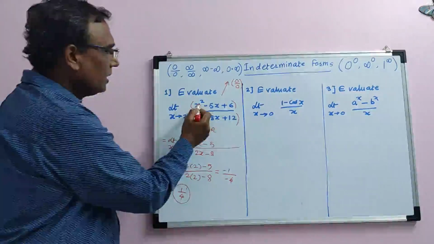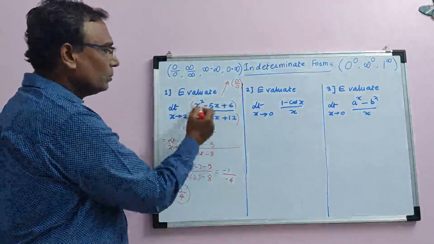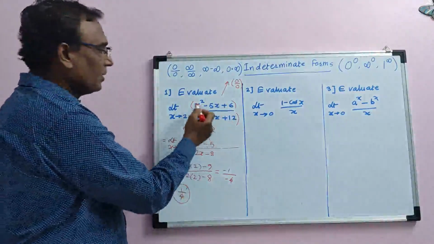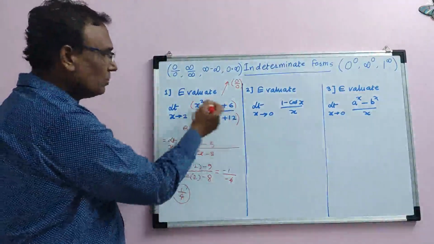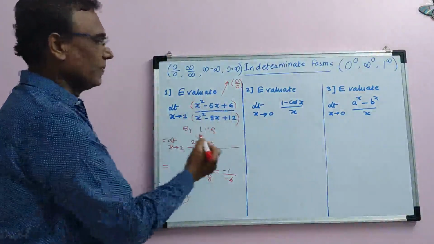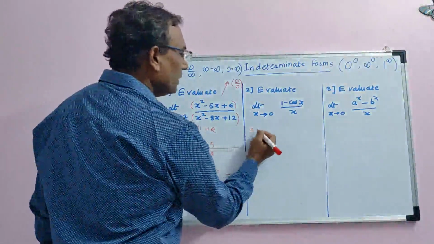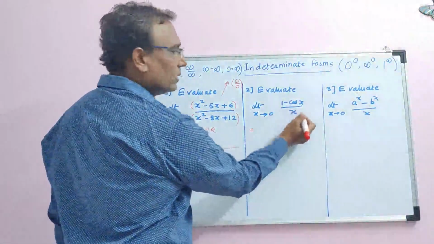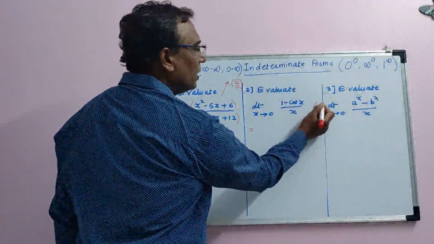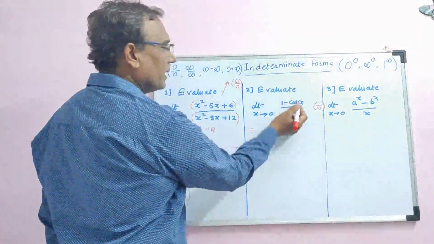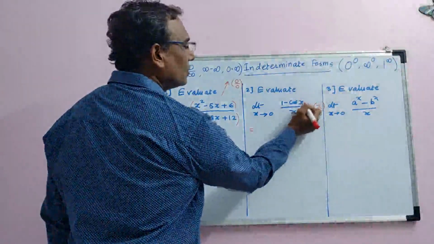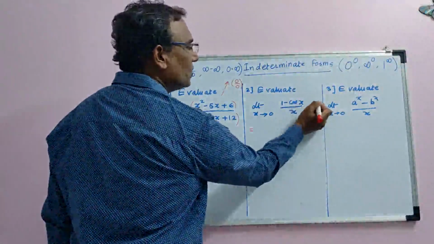Means in the examination, different numerator and denominator will be given. Different polynomial terms will be given in the examination. Now here, if you put x equal to 0, then the denominator is going to become 0, and for x equal to 0, cos 0 is 1, 1 minus 1 is 0.